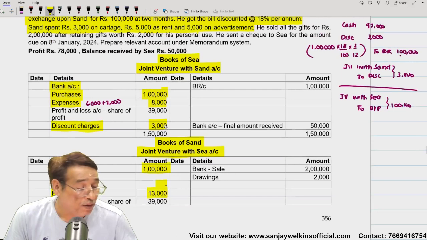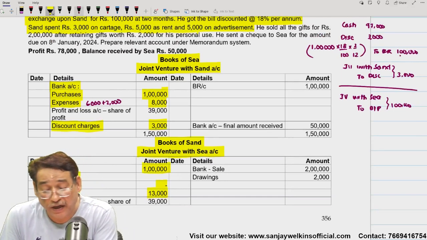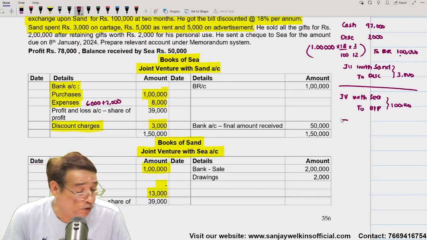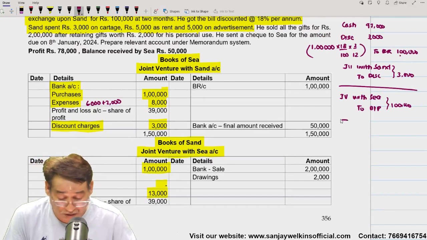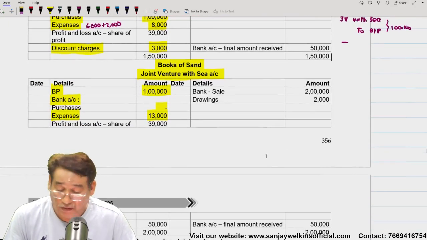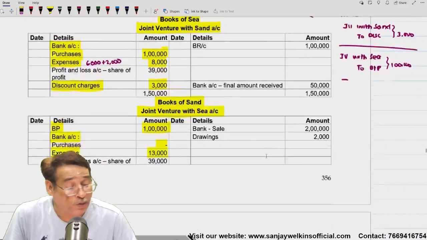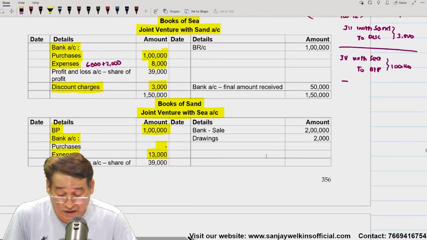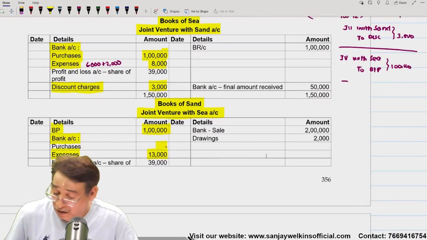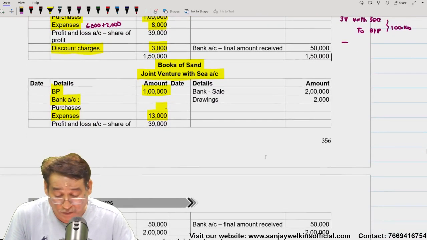Now, corresponding to this, we are not going to pass any entry. You have to pay attention. And under this method, it is important to understand one important aspect.